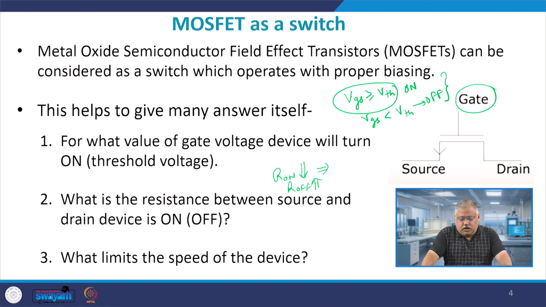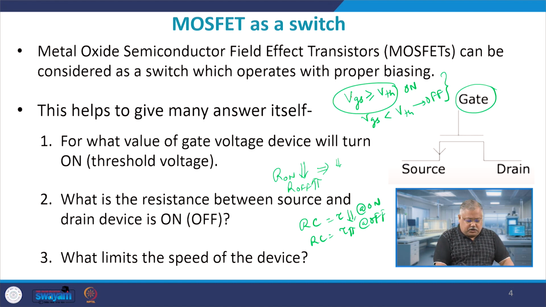Now you will also appreciate this fact that in on state, since your resistance has gone down, your RC time constant, which is tau, will be much lower in the on state, and the RC time constant tau will be much higher in the off state. If you look at the third point, what limits the speed of the device?